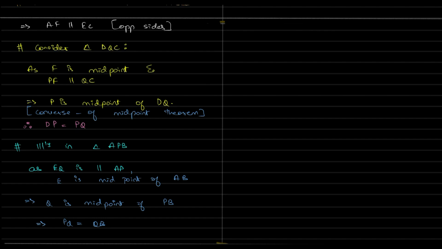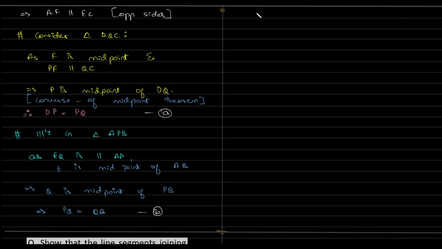So from all of this, what can we tell? DP is equal to PQ, and PQ is equal to QB. From equations A and B, we can tell DP is equal to PQ is equal to QB.